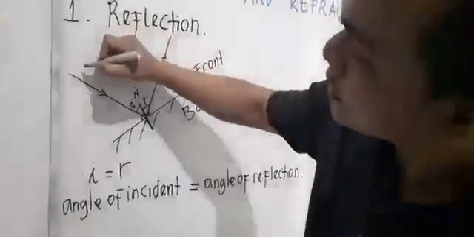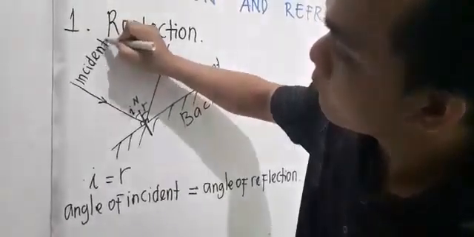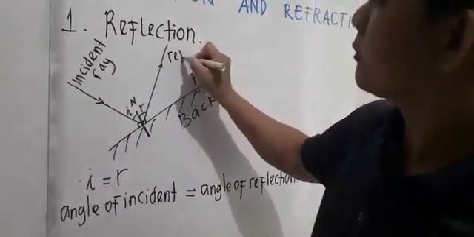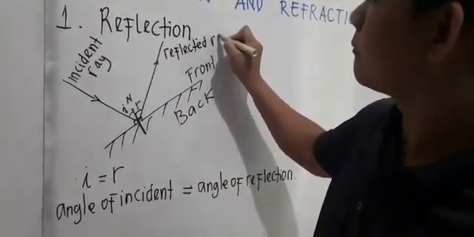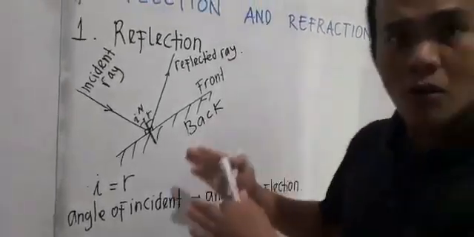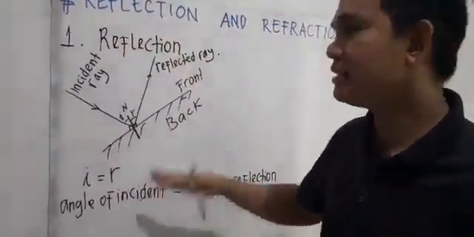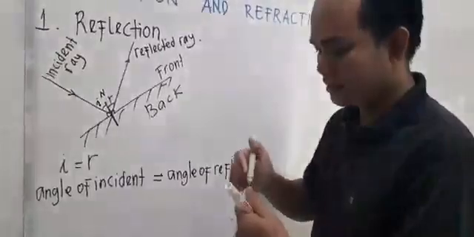So this is the incident ray, and this is the reflected ray. So the law of reflection is that the incident angle is the same as the reflected angle.